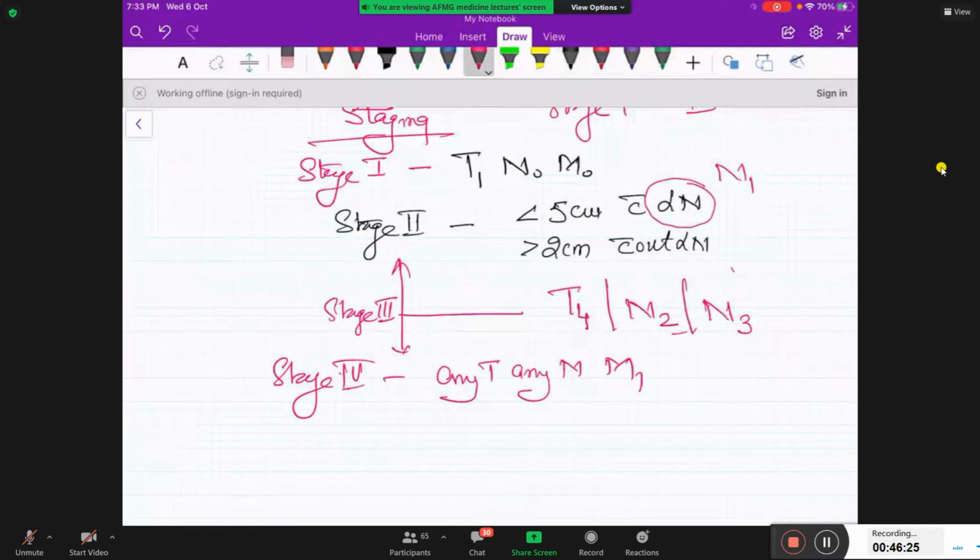So patient comes to you with a 2 centimeter lump in the breast with satellite nodule, with no lymph node, with no distant metastasis. What is the stage?